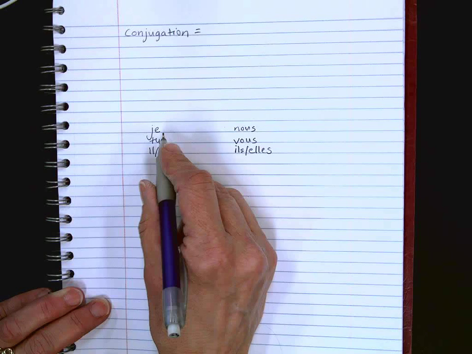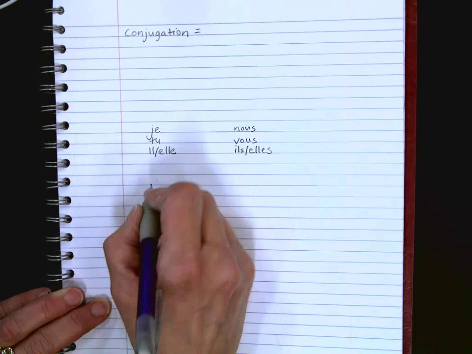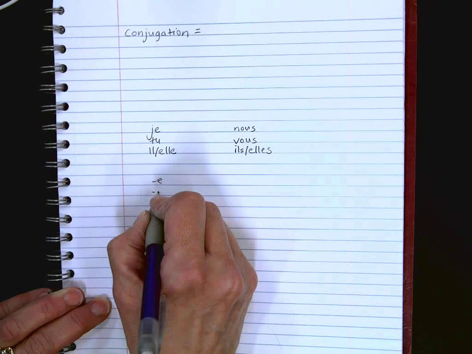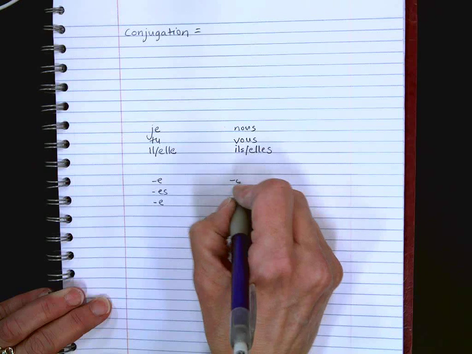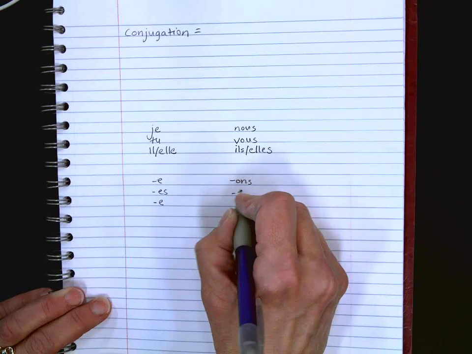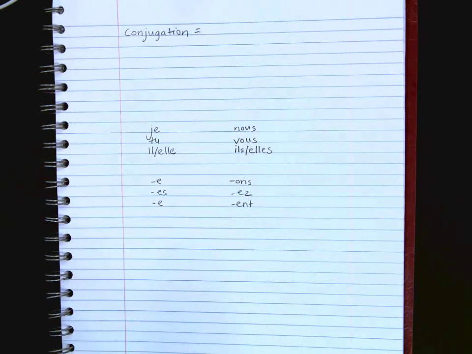Don't put it next to it because it doesn't make sense to put an E next to je. The endings are E, ES, E, ONS, EZ, and ENT. In order to conjugate all of these ER verbs, you just have to know these endings.